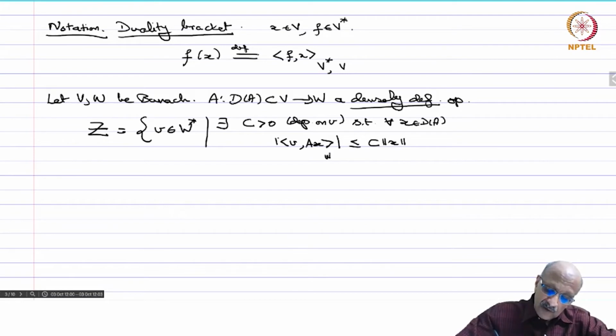Here this is W star, W, because v is in W star and Ax is in W, so this is the duality bracket there, and this of course is the norm in V. Okay, so this is Z.